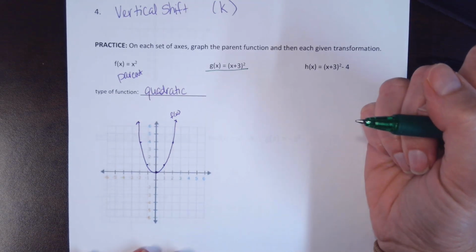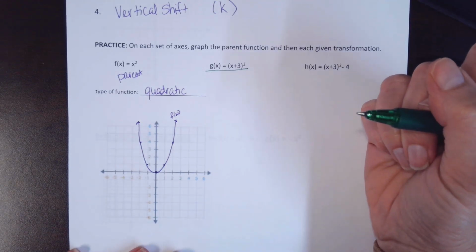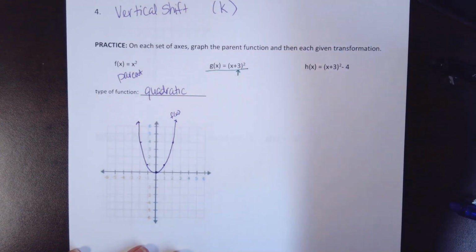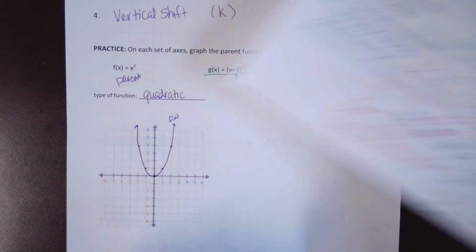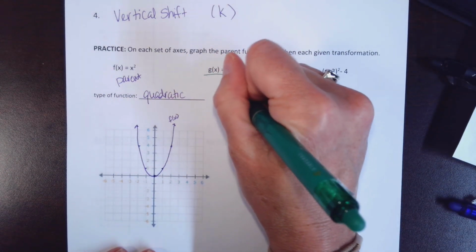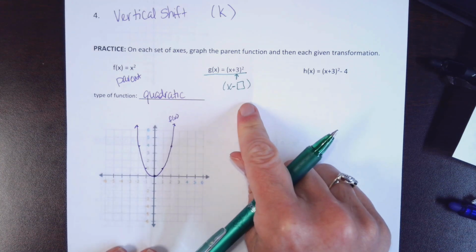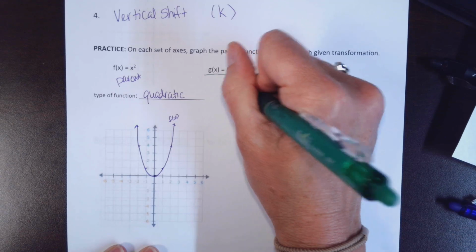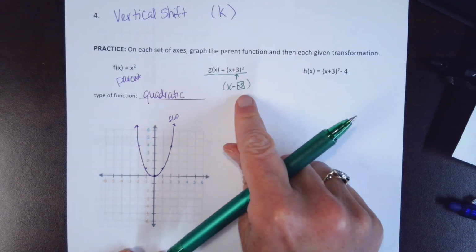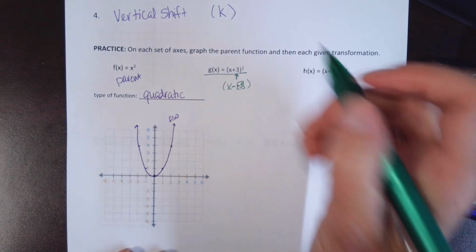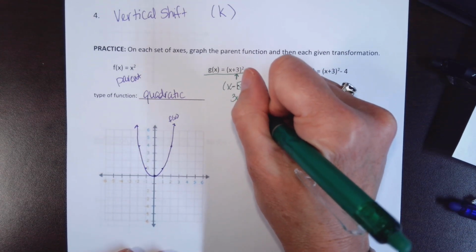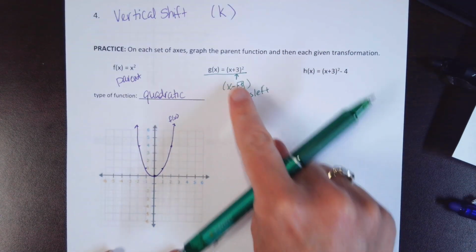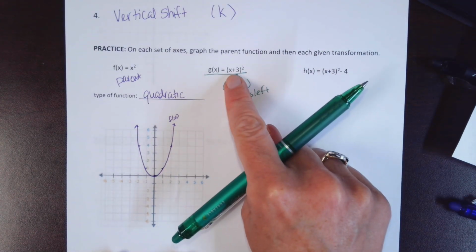G of x is a transformation on our quadratic function. And the transformation I've been given is right here. And if I look at my transformation pattern, I see that that started as x minus, and then I plugged something in so that I ended up with plus 3. Well, to get a plus 3 there, I had to have plugged in a negative 3 because minus a negative is x plus 3, which means I'm shifting 3 units to the left because I had to plug in a negative to get that to show up as x plus 3.